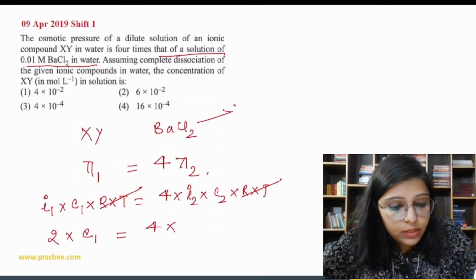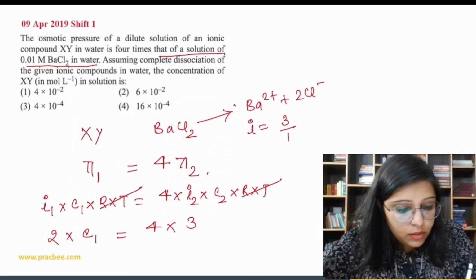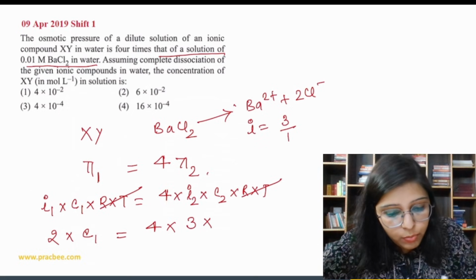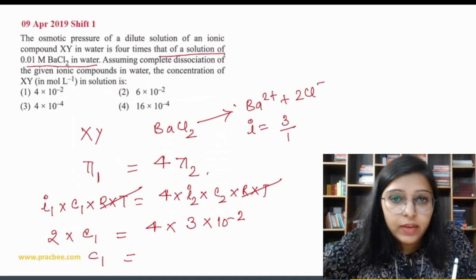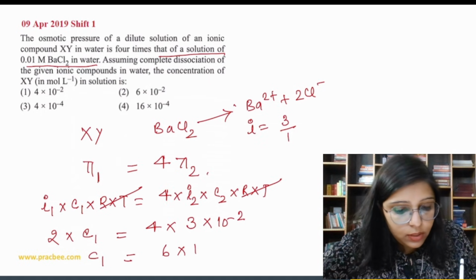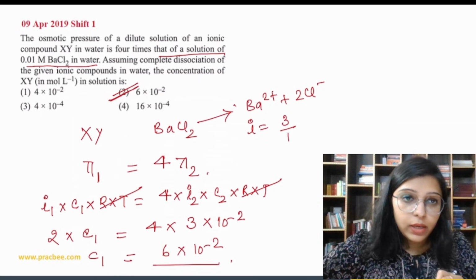Here the i2 value: Ba2 plus and 2Cl minus. So i value is 3 upon 1. So 3, and C2 is 0.01, 10 to the power minus 2. So you have to find out the C1 value, which is going to be 6 into 10 to the power minus 2. So the answer is 2. Okay.